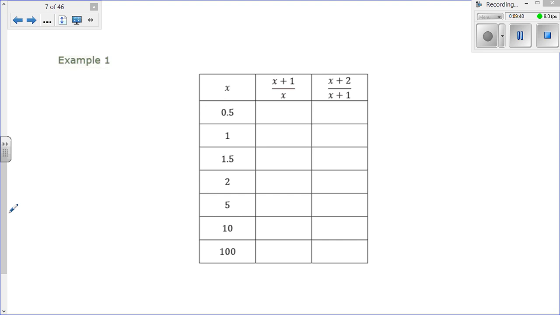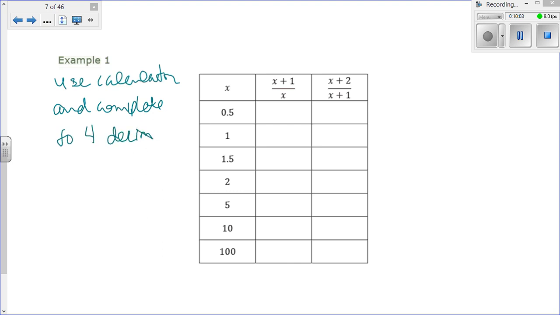So if I put in 0.5 for x and I use my calculator, and complete to 4 decimal places, if I substitute in 0.5 for x here, I am going to get 3.